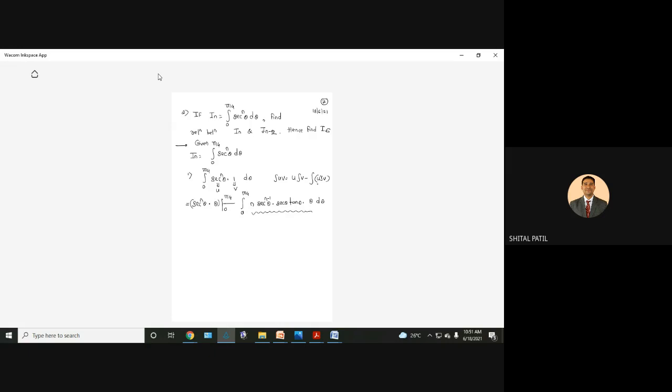Ultimately, what our aim is, we have I_n and we want to find I_n minus 2. That is, we want this type of term, 0 to pi by 4 and sec raised to n minus 2 theta d theta. So the integral should contain sec term only with a different power of the sec term. But here we are getting this. We don't have any problem with the tan theta term. Tan theta can be converted into sec theta if you have tan square, right? 1 plus tan square theta equal to sec square theta, that we know.